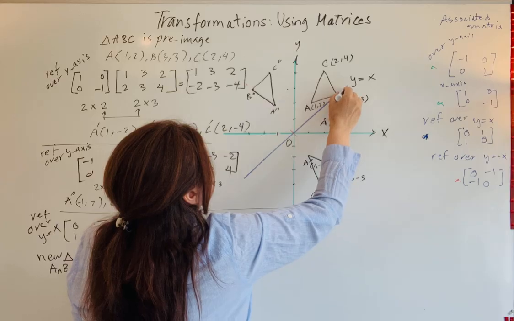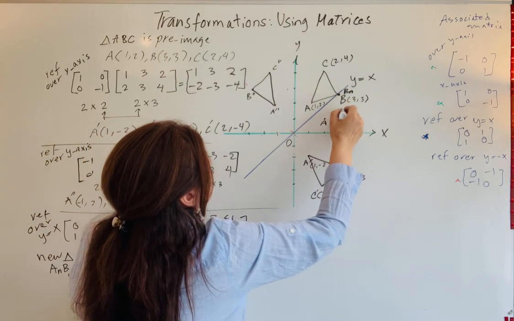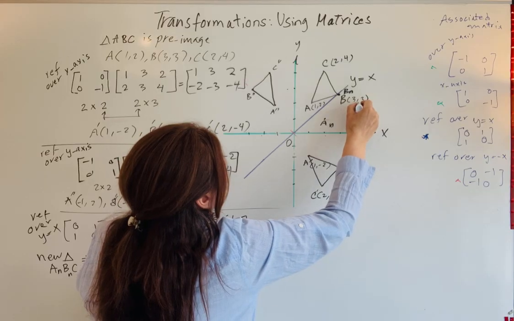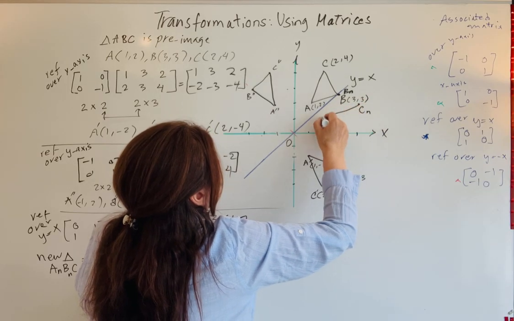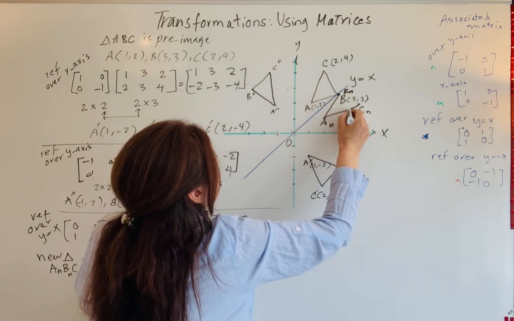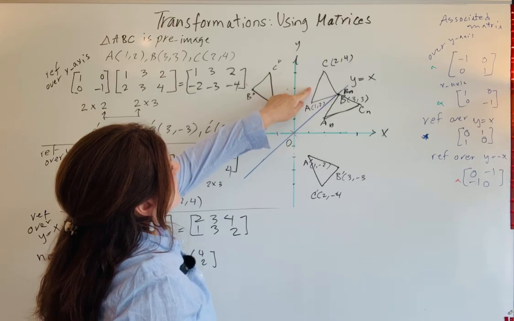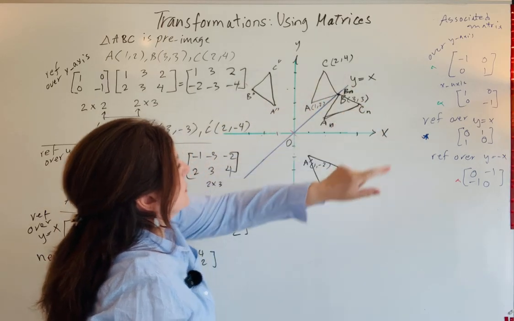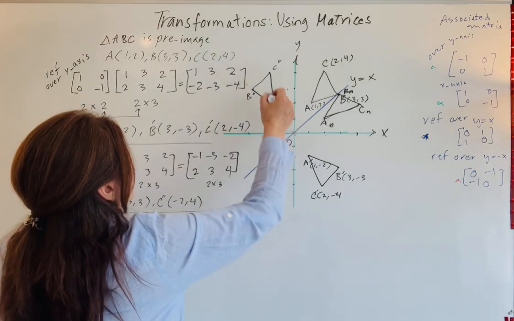This is B new. And C is 4, 2, here. This is C new. This triangle is actually the reflection of this one over y equals x. Good? And just very quickly, I can show you about another line too.